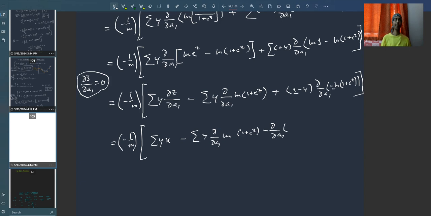So this becomes minus ln 1 plus e to the power z. And this is a minus y, and minus this becomes plus. We write it here, plus sum of y into del a1 natural log of 1 plus e to the power z. And we close the parenthesis.